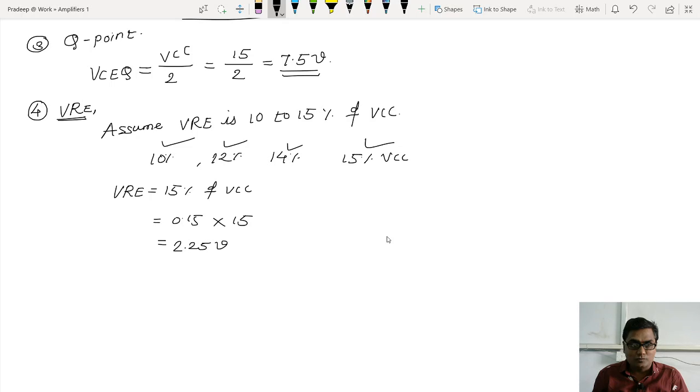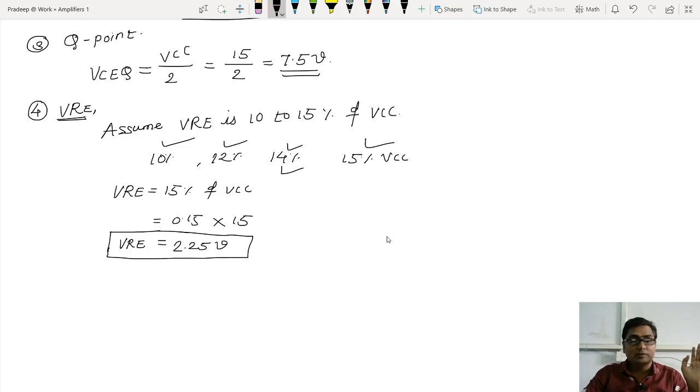Don't forget this. I have VRE equal to 2.25 volt. If you're going with VRE as 14%, then you must write 0.14. If you are assuming 12% of VCC, you have to write 0.12. It's on you only. Whatever you have assumed, go with your assumption and calculate the values.